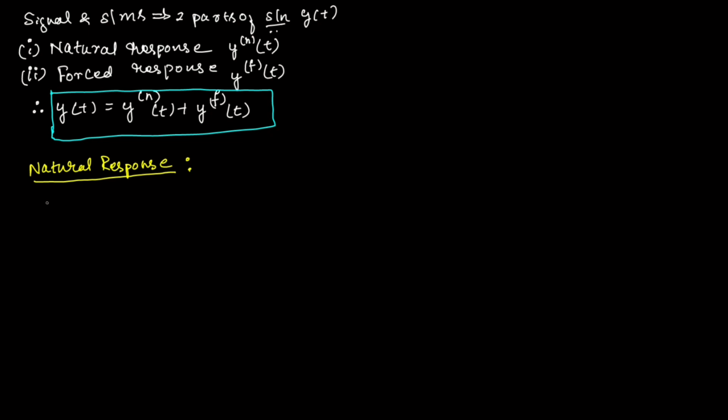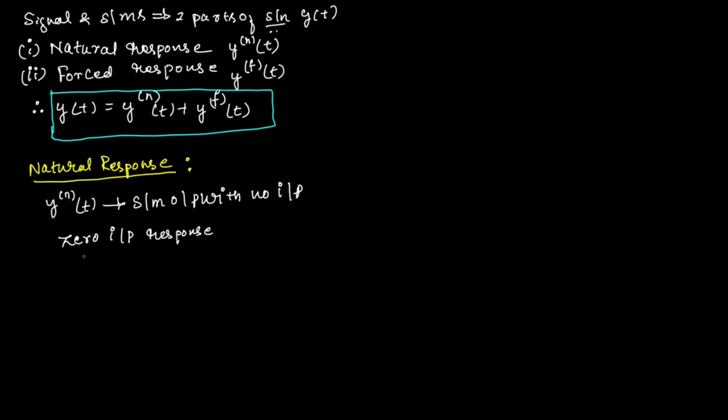Now let us understand the natural response. The natural response can be given as yn of t, and yn of t is the system output with no input. Hence it is also called the zero input response, which can be represented as yzi.